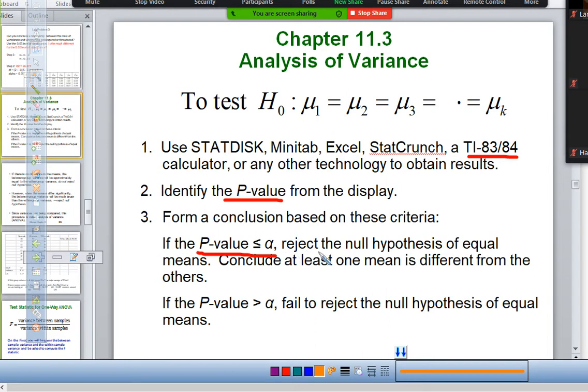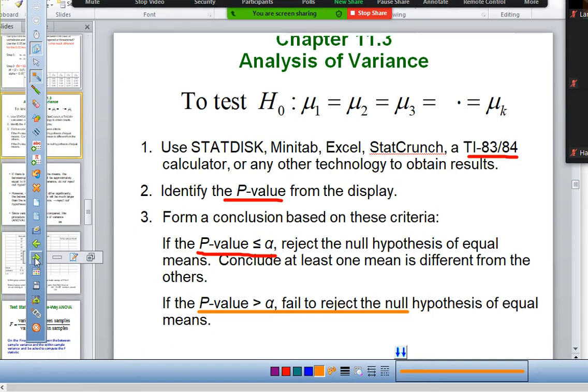Alpha is our level of unusualness. If the p-value is equal to or less than alpha, we reject the null hypothesis. If the p-value is greater than alpha, we fail to reject the null hypothesis. Remember, this one we're comparing p-values, because I didn't want to give you yet another table just for one small section.